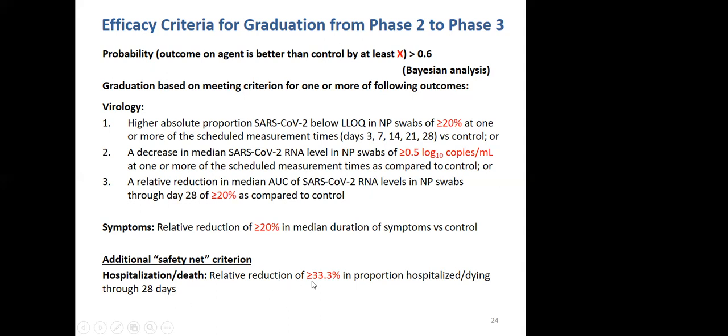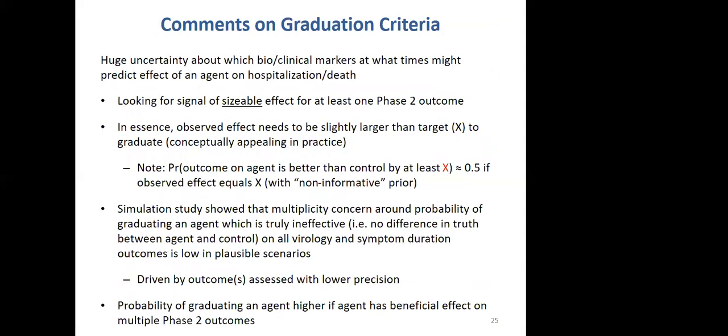I'll talk a little bit about this safety net because it's quite important, in terms of looking for a 1/3 reduction in the proportion that are hospitalized or dying. I mentioned huge uncertainty about these markers, or even whether they are markers of hospitalization or death. So we were looking for a signal in lots of different ways of what we thought was a reasonably sizable effect.